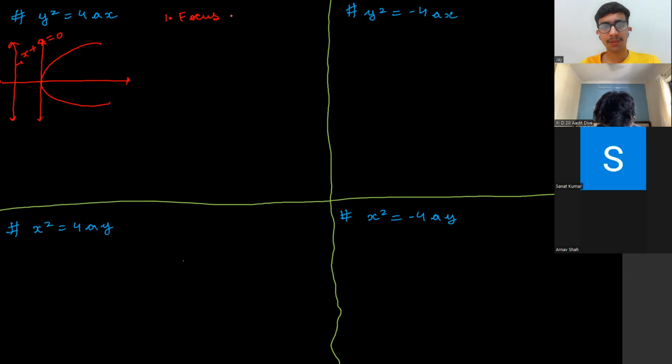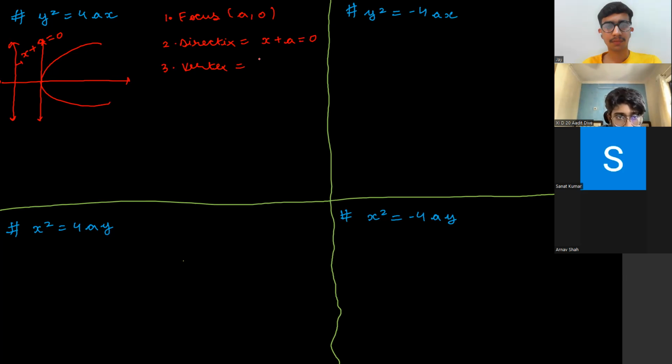Quickly, the coordinate of the focus is what? a comma 0. What is the equation of the directrix? x plus a is equal to 0. What is the coordinate of the vertex? 0, 0.